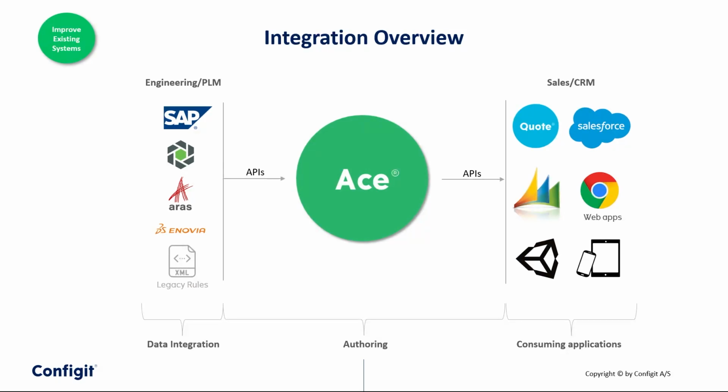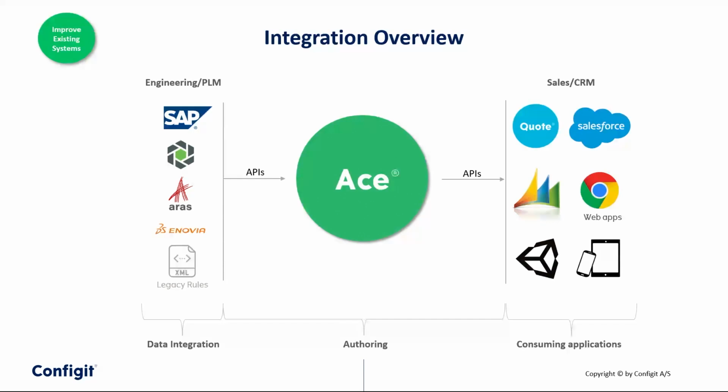These can, for example, come from an SAP system or your PLM system, or maybe you even have your own legacy systems that you would like to incorporate into ACE. All of this data is then imported into ACE with the platform APIs so that you can have it readily available to be used in, for example, ACE model to create the product models, as Laura talked about, and also by our Configure API to make the configurator available across different omnichannels in, for example, sales.